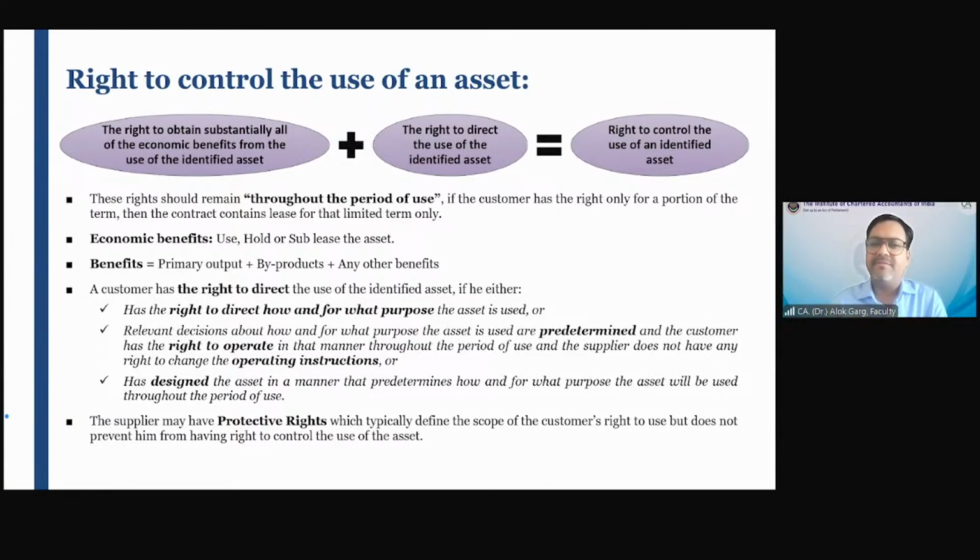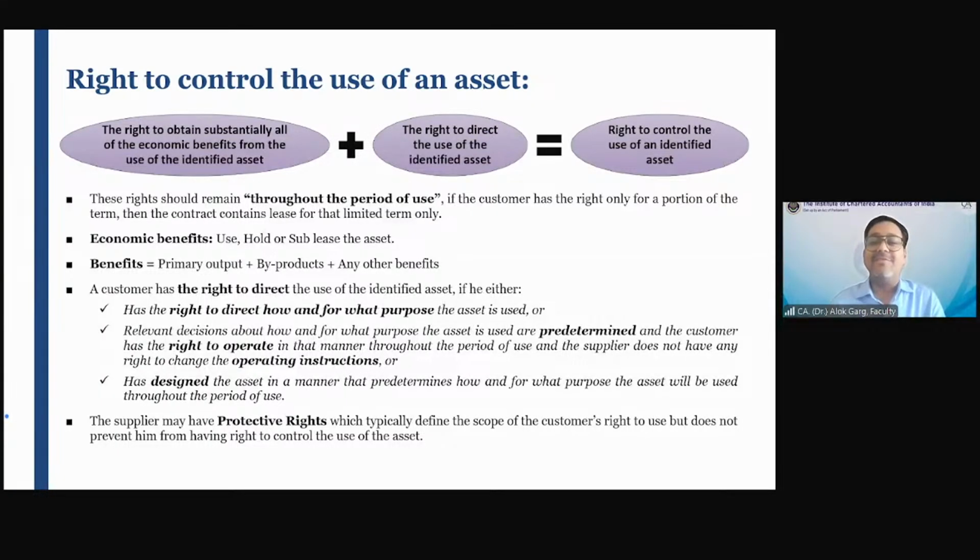But from the sale of the identified asset, who will enjoy the benefits, the lessee or the lessor? The owner, who is the lessor. The lessee has a right to use, but does not have a right to sell.